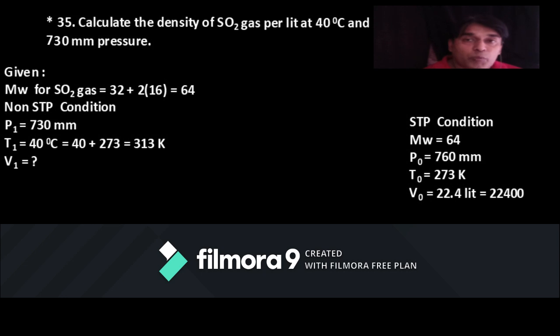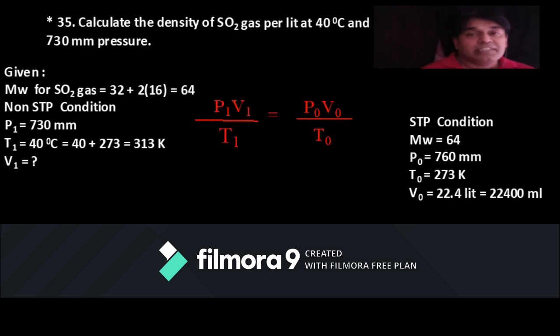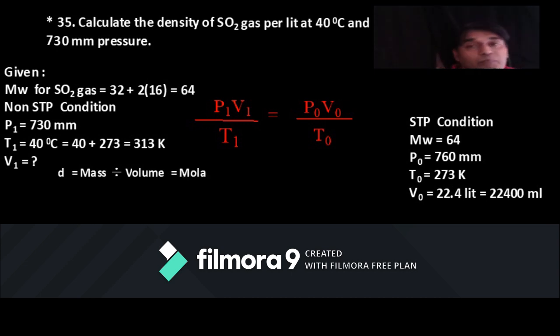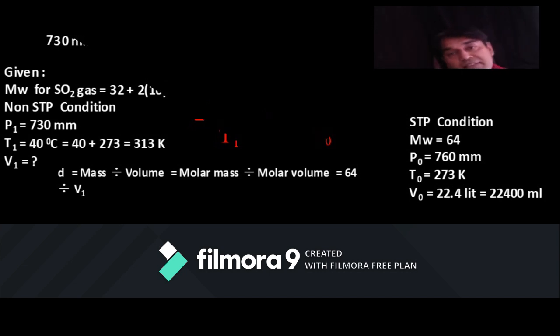Molecular weight equals 22.4 liters. Hence, we are asked the density. Density is mass upon volume. Mass expressed in terms of molecular weight is called molar mass, and the volume is the molar volume. Therefore, density equals molar mass upon molar volume. Hence, it will determine the density of the gases.